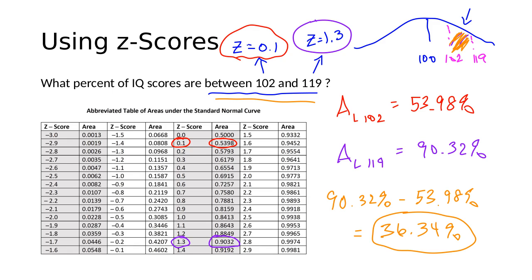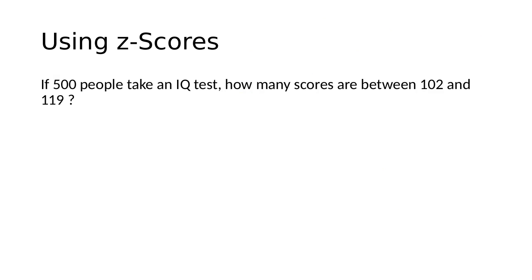Let's take this one step further. If 500 people take an IQ test, how many scores are between 102 and 119? This one's a little different because it doesn't ask for the percentage, it says how many. So what I want to know is how many of the scores are between 102 and 119.